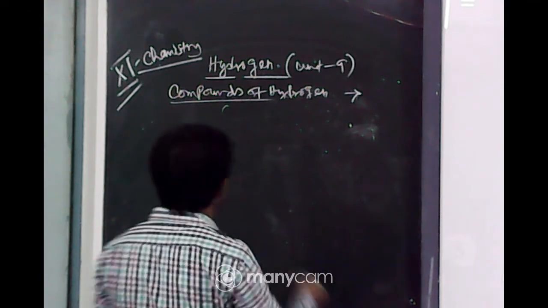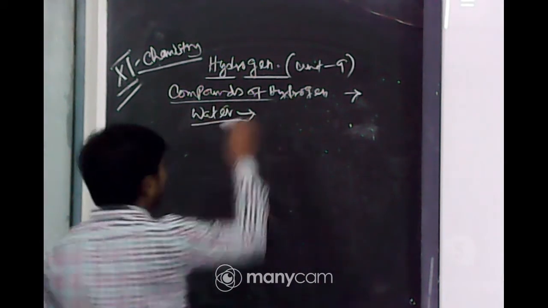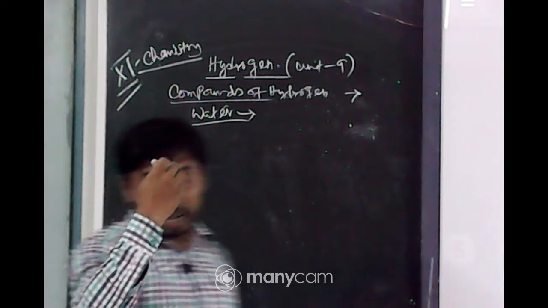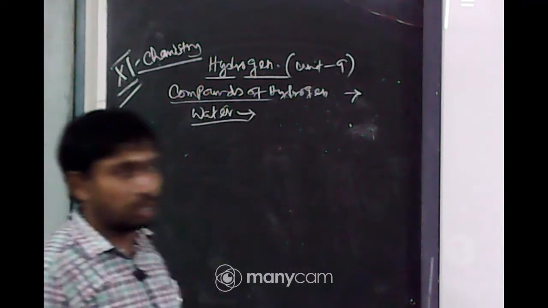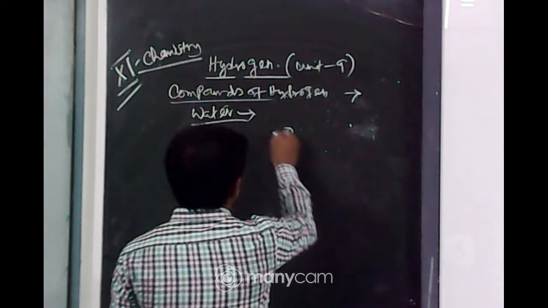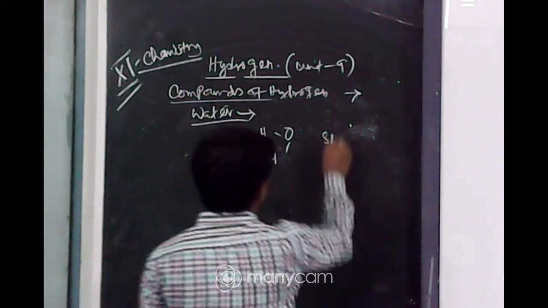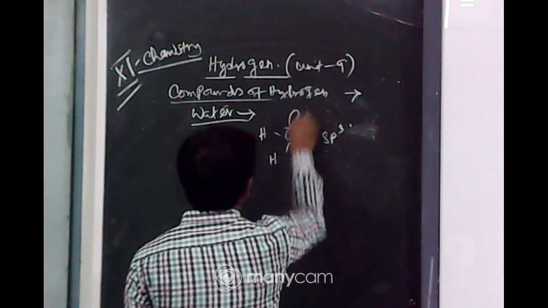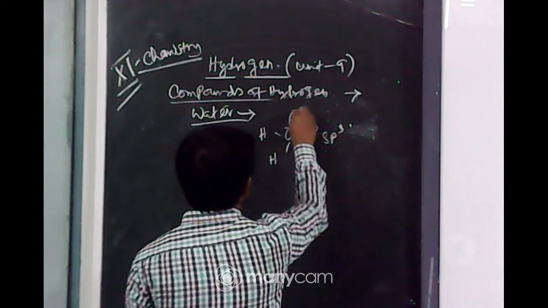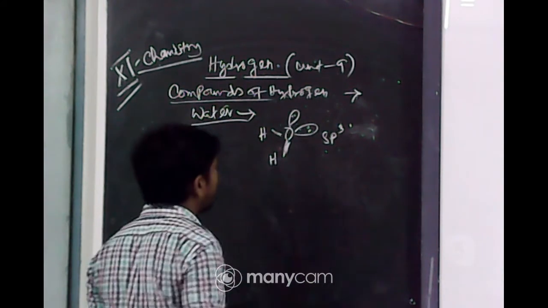Now, coming to the structure of H2O. For the determination of the structure, we take the concept from the valence bond theory. Here the oxygen hybridization is sp3, because two lone electron pairs are there. It will be discussed in chemical bonding. You have already completed it.